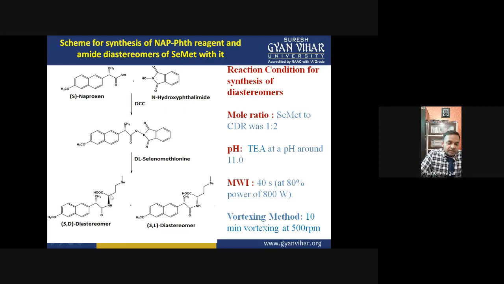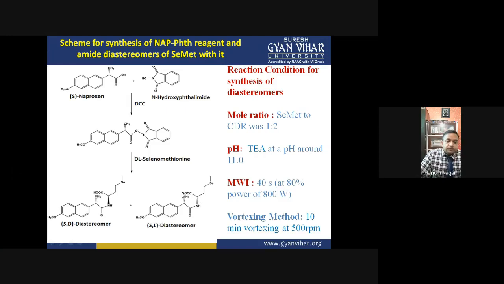So two chiral centers are present, first one here and second one here, and these are the configurations of these centers. Similarly, in the SL diastereomer, S is the configuration of this chiral center, while L is the configuration of this chiral center.